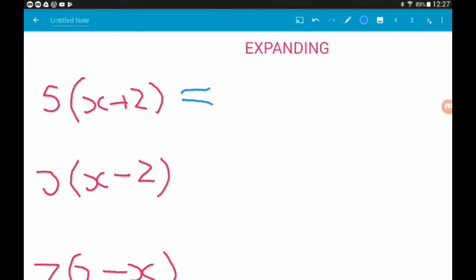There are different methods. Again, watch my video on expanding single brackets and I show you a few methods. So first of all, we want to do 5 times x, which is 5x. Next, we have a plus inside, so we put that down, and then we're doing 5 times 2, which is 10.